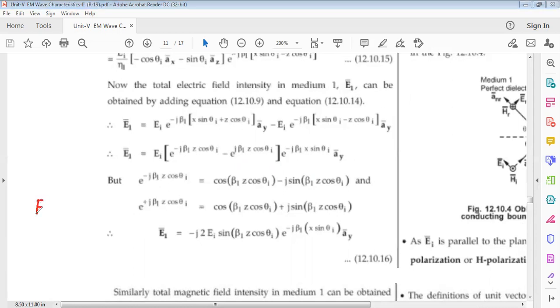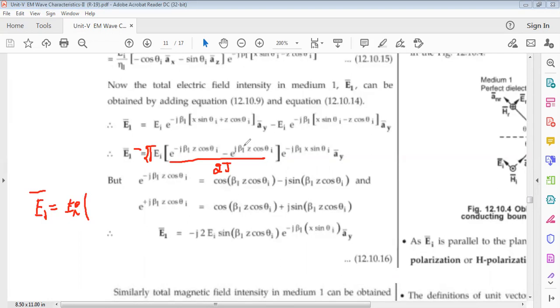So E1 bar is equal to, substituting these equations, EI into the total function, take the minus as common, 2 sin beta 1 z cos theta. Let us take the 2j multiplied here, divided and multiplied by 2j, and keep the minus.